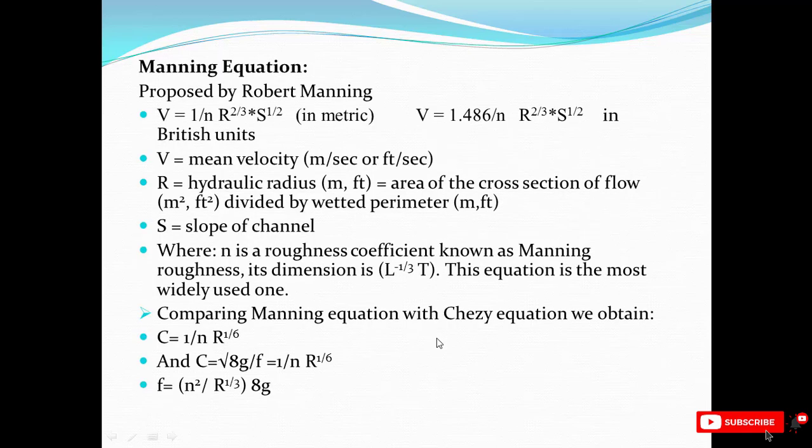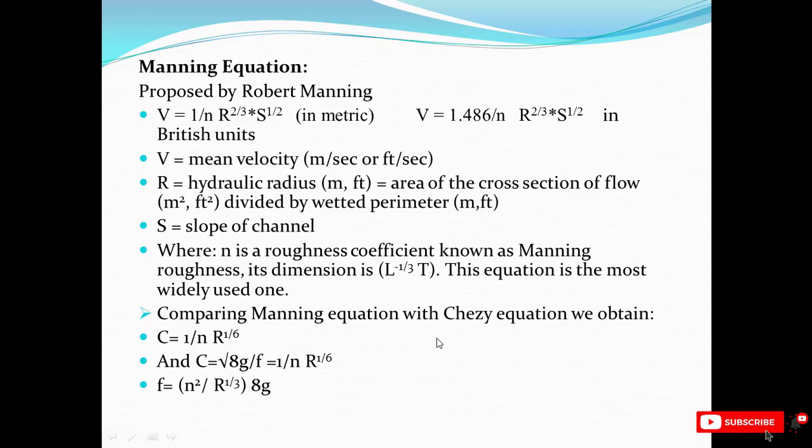The second well-known equation of uniform flow is the Manning equation. V is equal to 1 over n, R to the power 2/3, times root S. This is for metric units. For the British or foot system, the 1 is converted to 1.486.